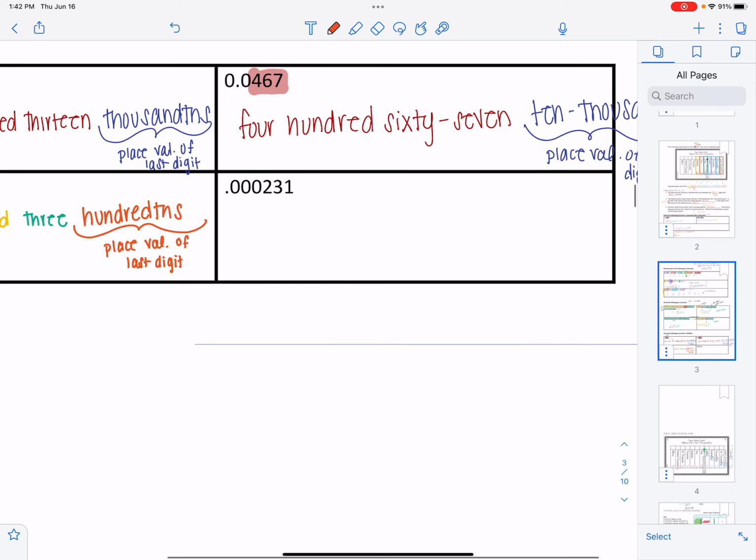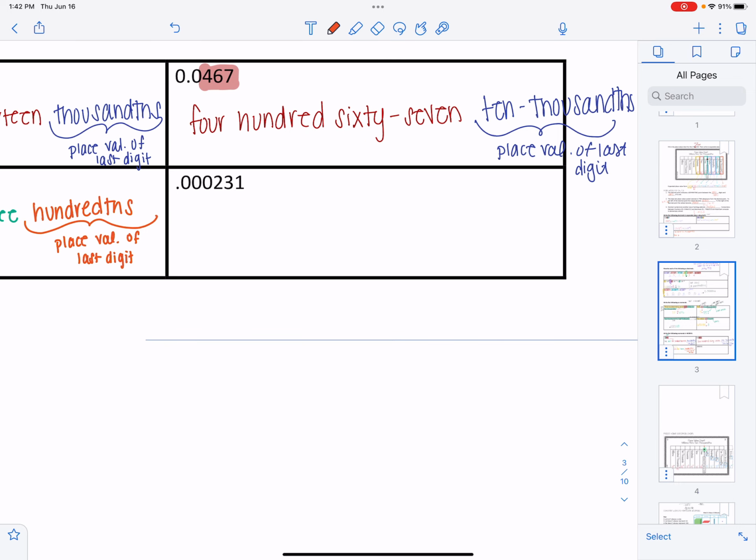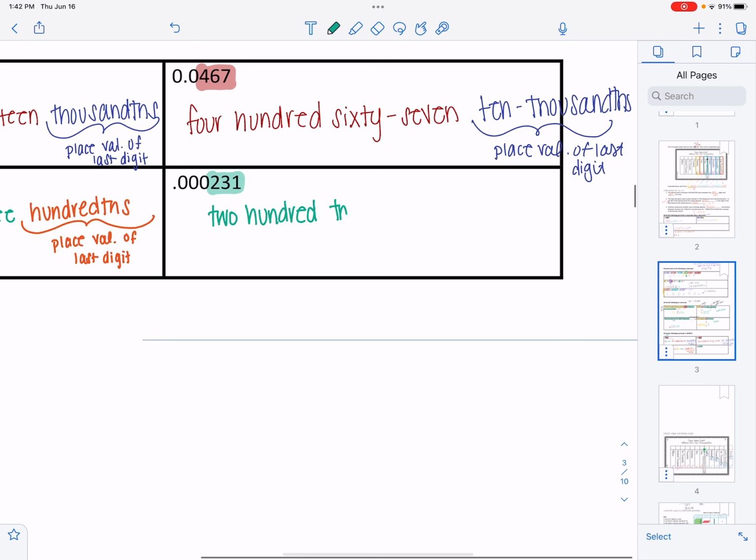All right, here's my next one, 0.000231. Well, I don't have anything in front of the decimal, so I don't have to say 0 and blah, blah, blah. I just start with the decimal. All right, so that number itself is 231. So I'm going to write that first. Okay, 231.